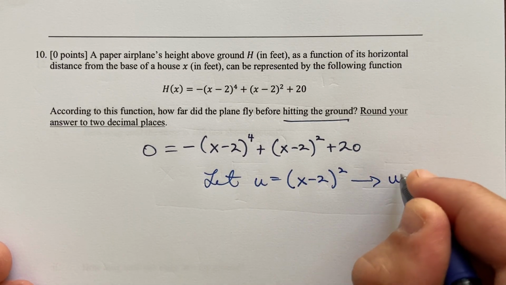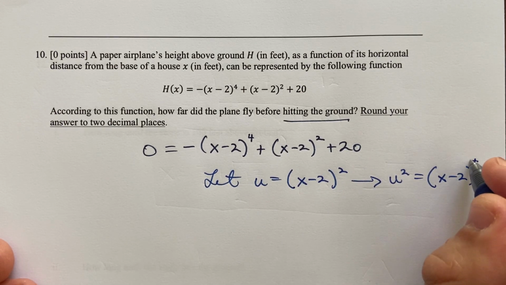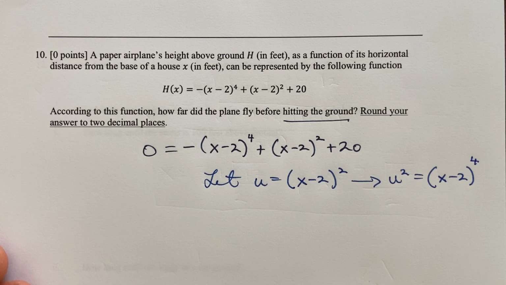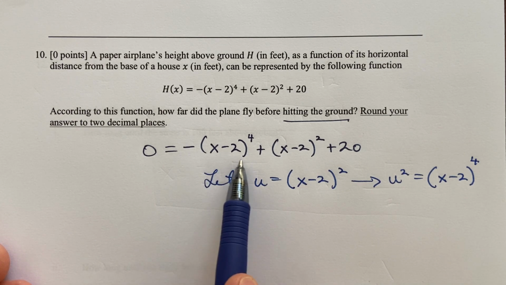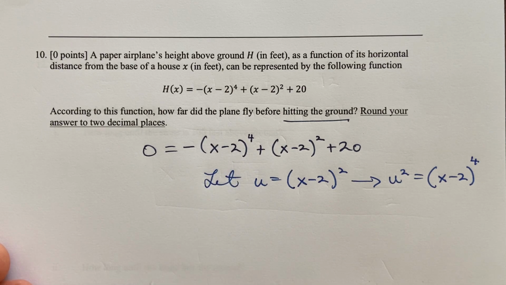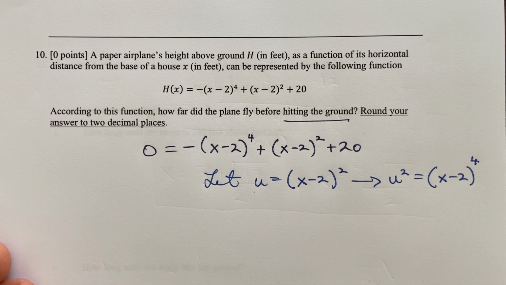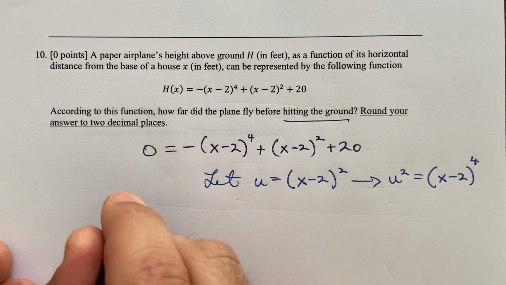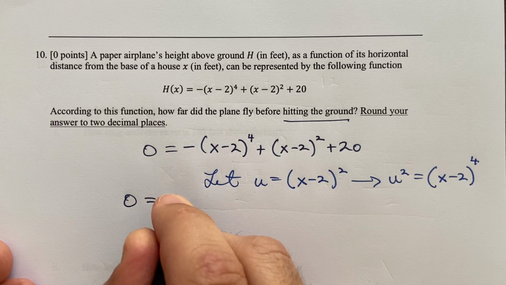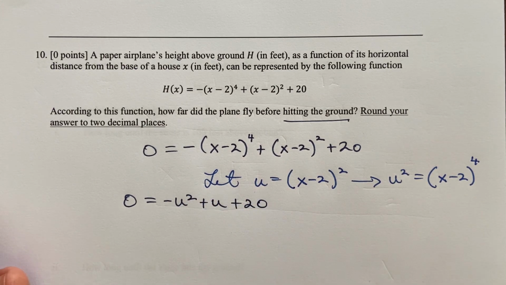That would result in u squared equaling x minus 2 to the 4th. So where I have x minus 2 to the 4th, I'll now have negative u squared, and where I have x minus 2 squared, I'll just have a u. So 0 equals negative u squared plus u plus 20.